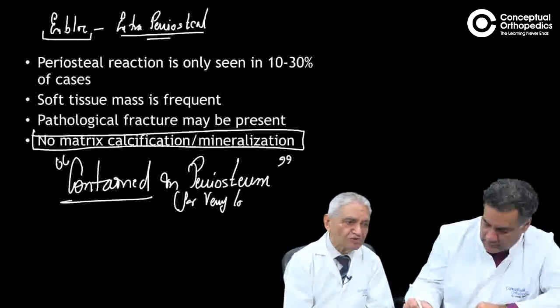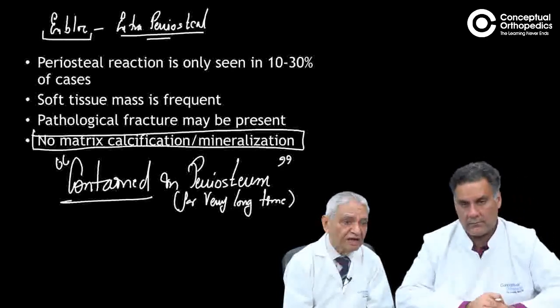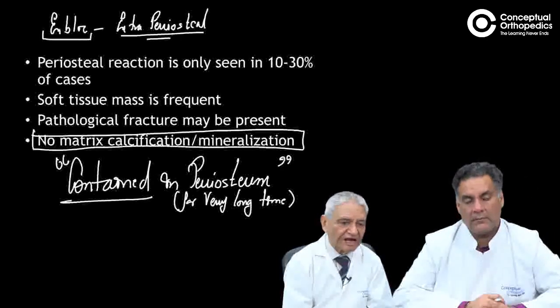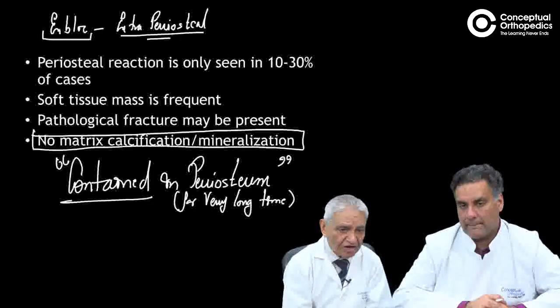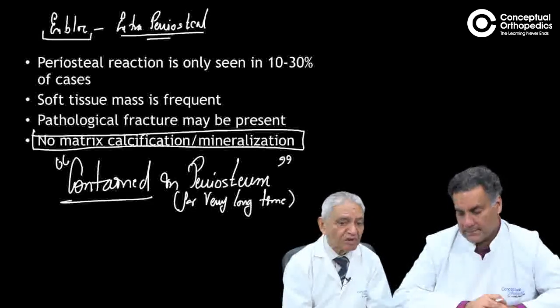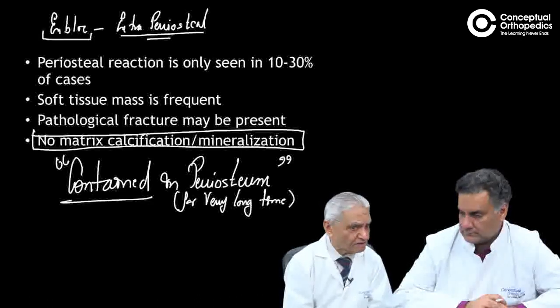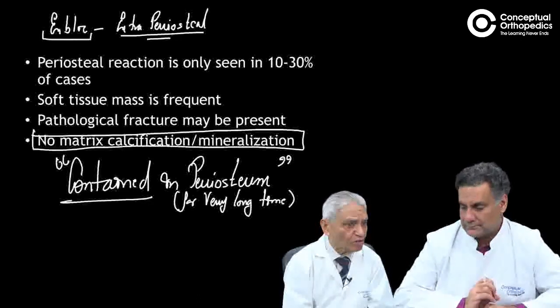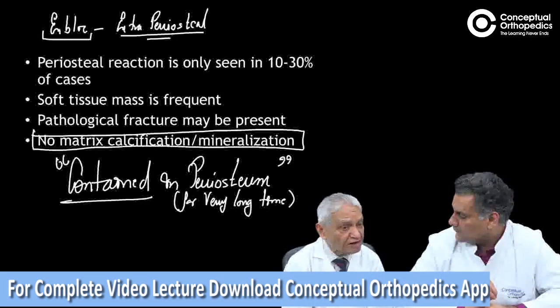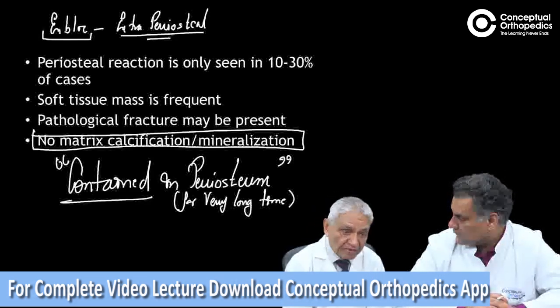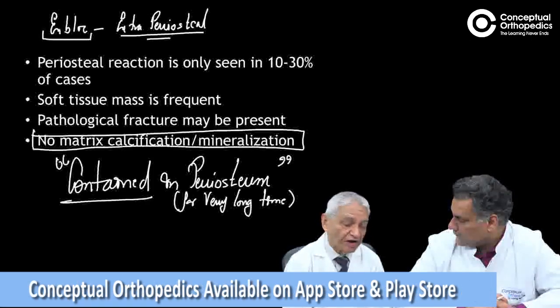If a patient comes to you where the cortex is missing and a pathological fracture has occurred, it means the tumor has had a long duration in which it was permitted to grow, or probably even manhandled. Somebody is applying a local massage, somebody is manipulating it, and probably all these things contribute to breaking of the periosteal tube or fungation of the tumor. That's it.